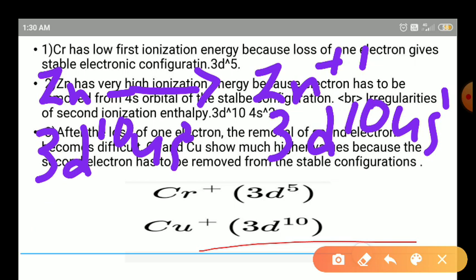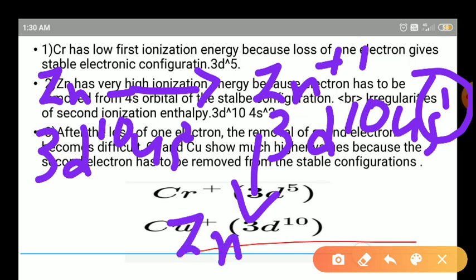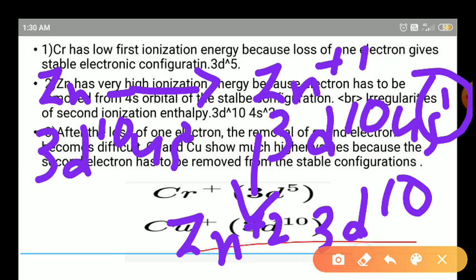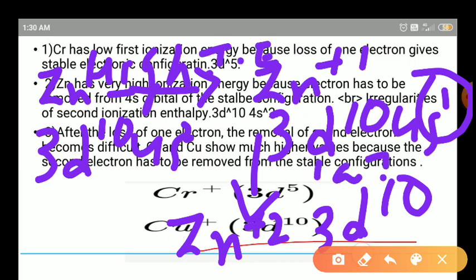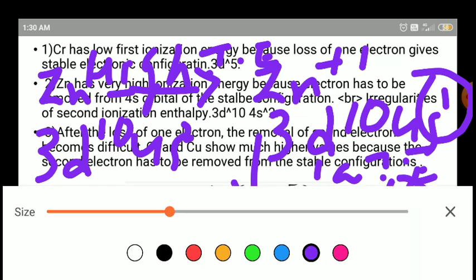Low, because it is unstable, so it is more easily released. The second ionization enthalpy is very low and easy, to attain the 3d10 configuration. So in the first case it requires high ionization enthalpy, and in the second case it requires low ionization enthalpy. Right, students?